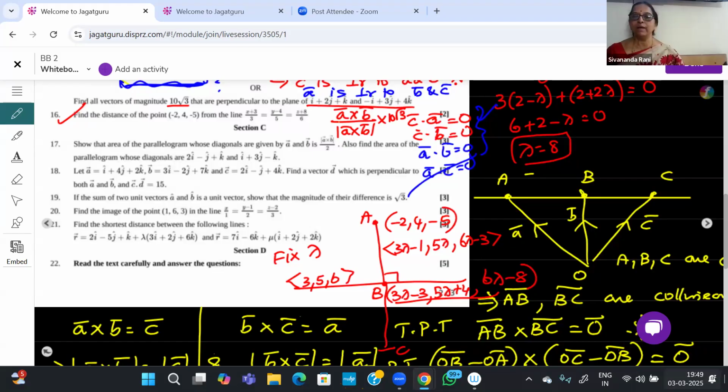Got it. Okay, so day after tomorrow, shall we have a class? Tomorrow you can take the rest of the topics: integration, definite and indefinite, differential equations and areas. Just these. Test similar to this, day after tomorrow.